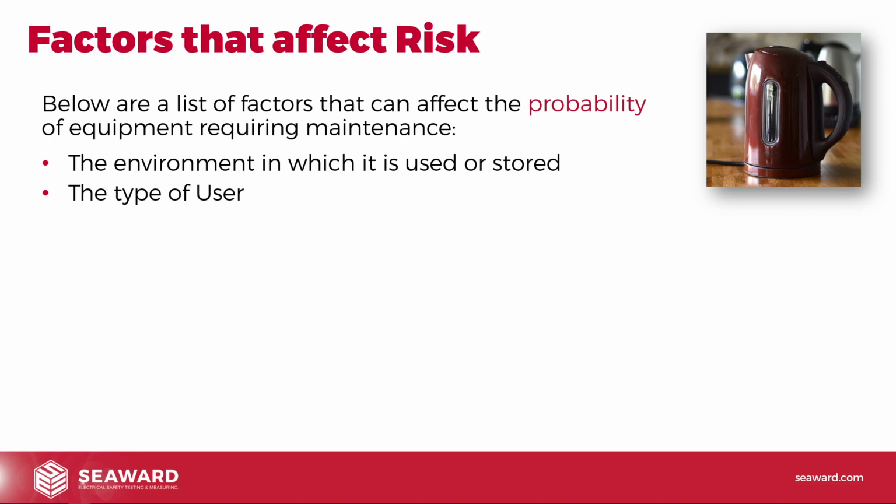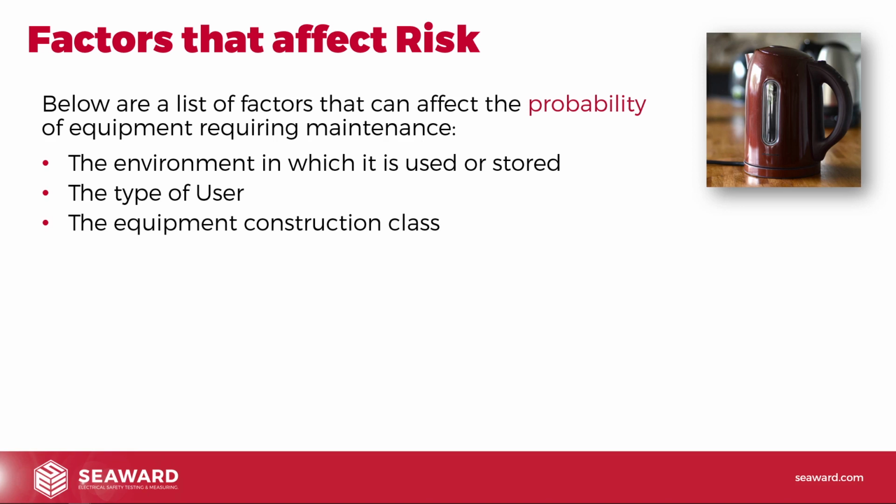Whereas if we've got a user who just picks it up, puts it down, chucks it around, potentially users who are the general public, there's potential for vandalism or damage that won't get reported. These are untrained users who aren't really bought into the safety of the equipment. They're never going to see it again, so they might treat it roughly. If the equipment's being hired, again, the probability is more. So who is going to use the equipment does have a big impact on probability.